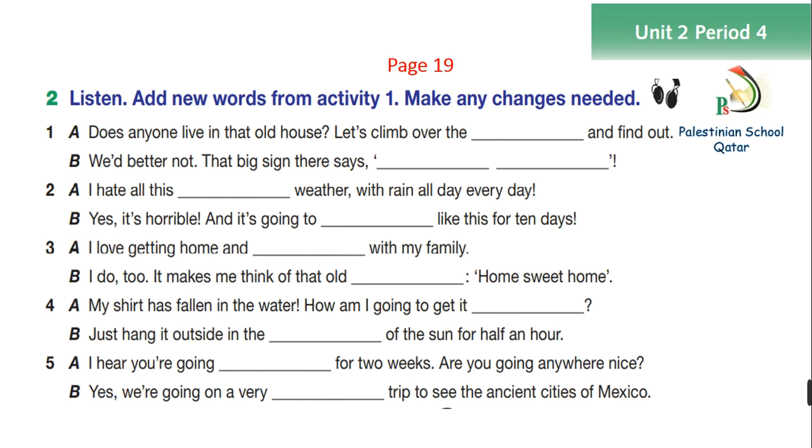Listen and use new words from activity 1. Make any changes needed. Number 1: Does anyone live in that old house? Let's climb over the wall and find out. We'd better not.